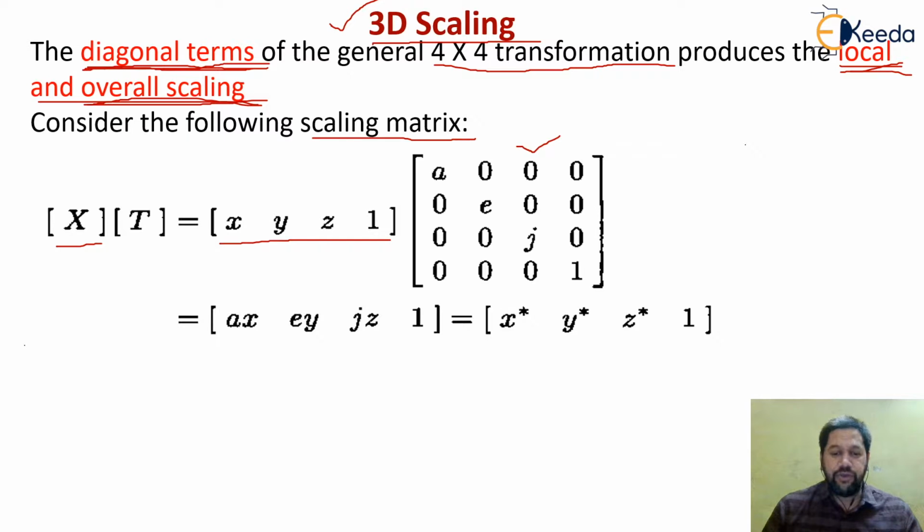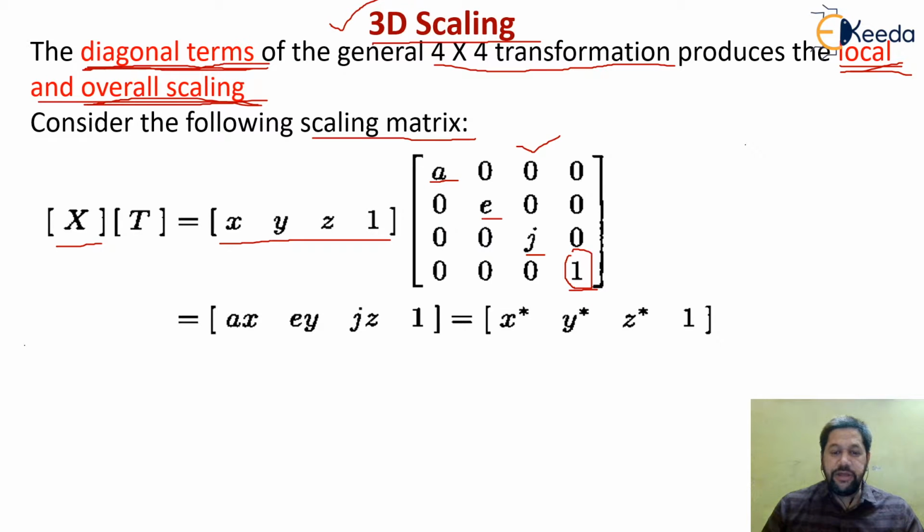As we have seen, the diagonal terms are used for this. I have the values a, e, and j. These are my diagonal terms, and the last one, having the value 1, is responsible for the overall scaling.